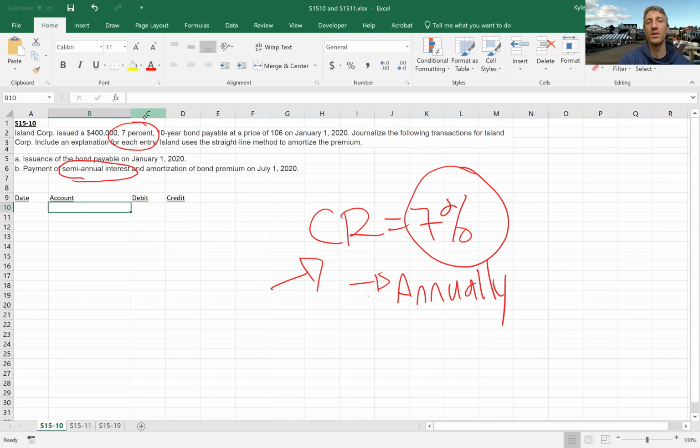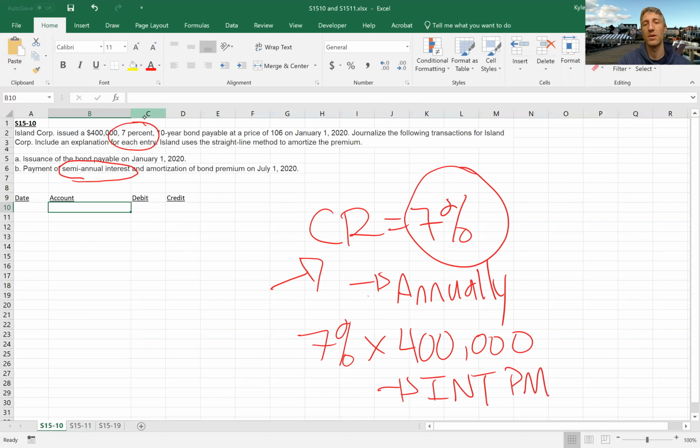So to calculate the interest payment on this bond, it would be the coupon rate, 7%, multiplied by the face value. This is going to dictate the interest payment on the bond.